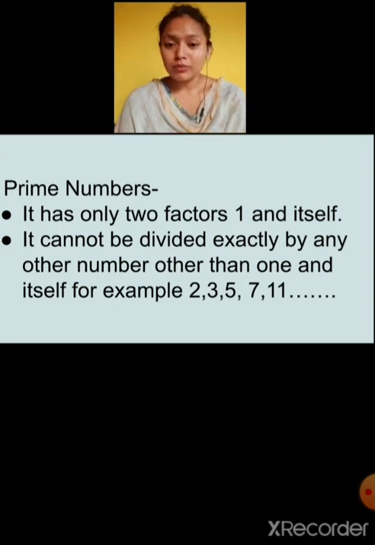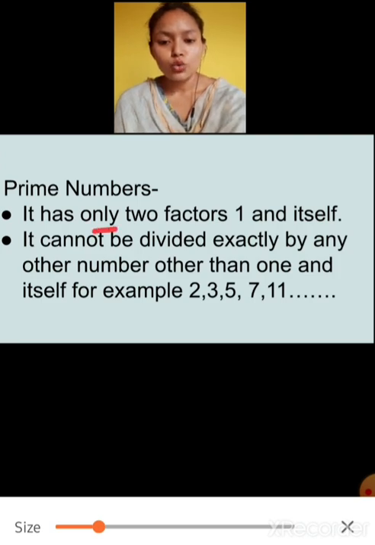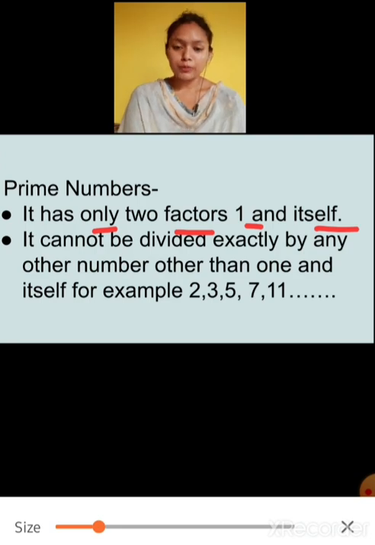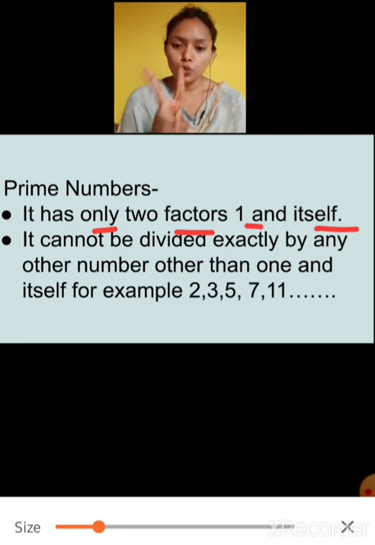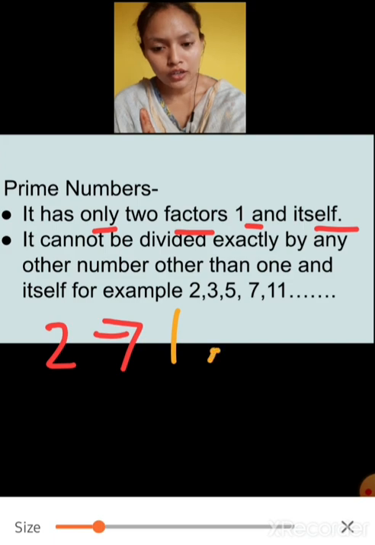So what are prime numbers? A prime number has only two factors, 1 and itself. For example, what are the factors of 2? 1 and 2.